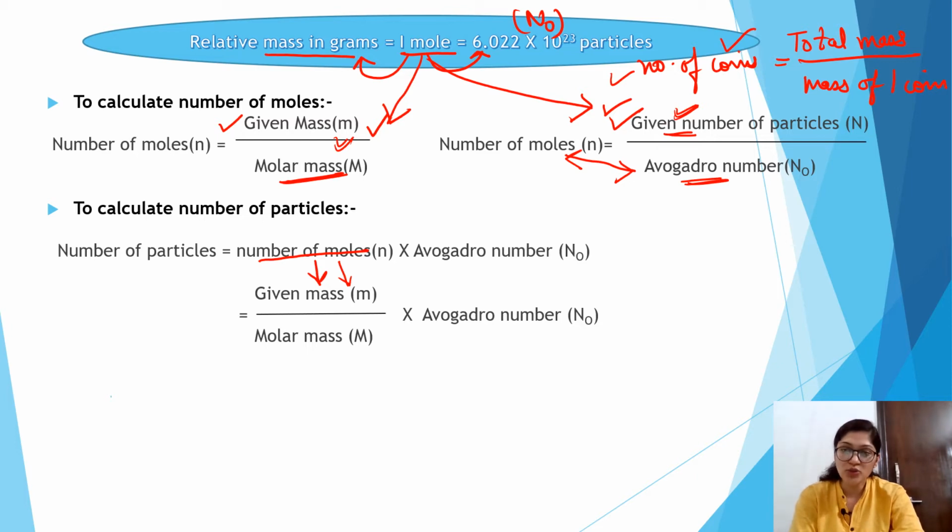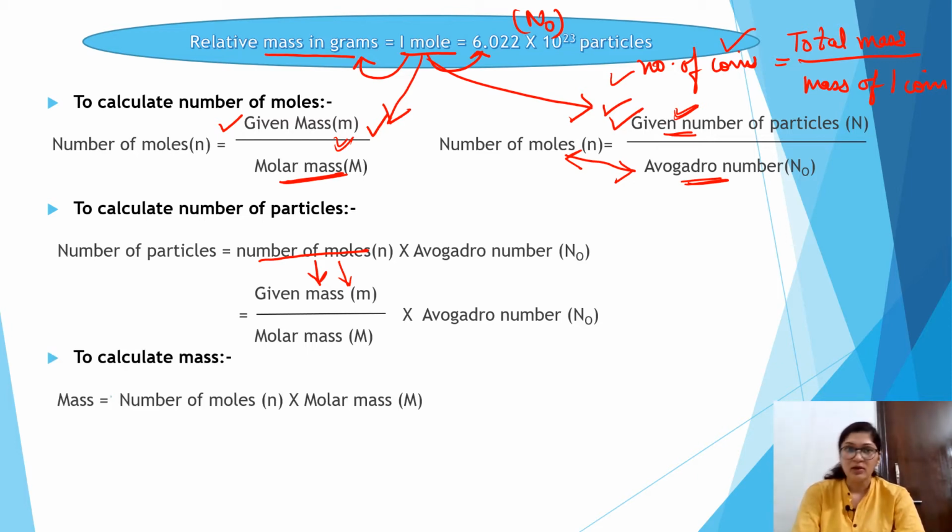And the last and most important, how to calculate the mass. Just cross multiply these two: number of moles multiplied by molar mass, then you get the given mass. So if you learn these two most important formulas, then you can derive n number of formulas from these.